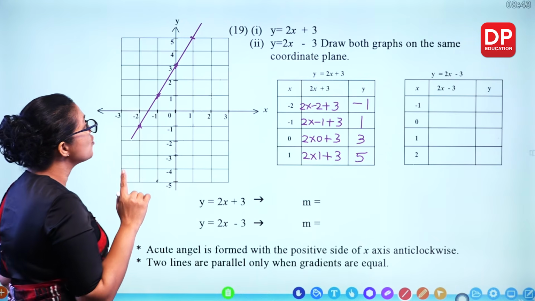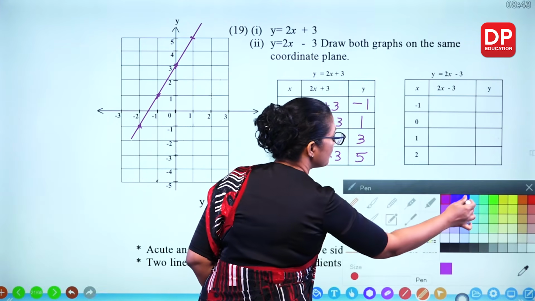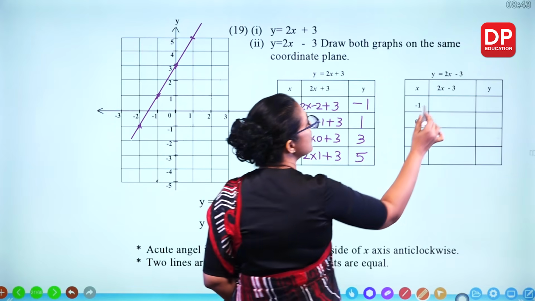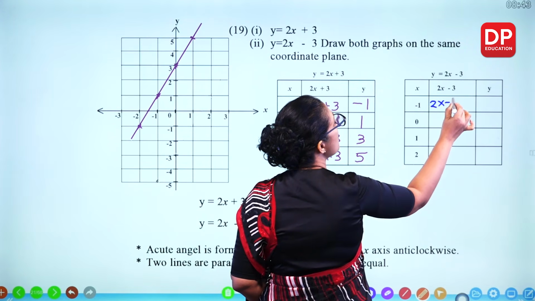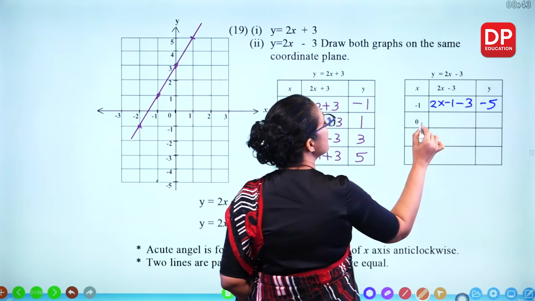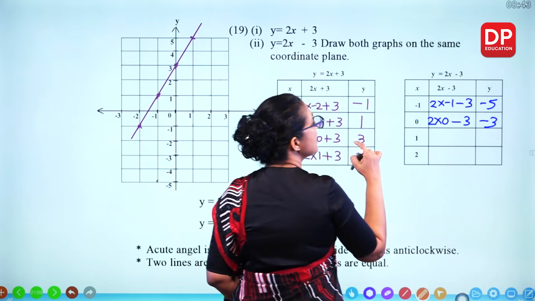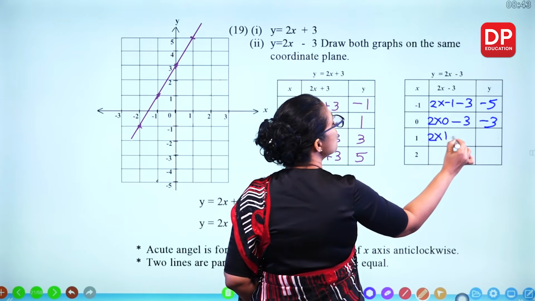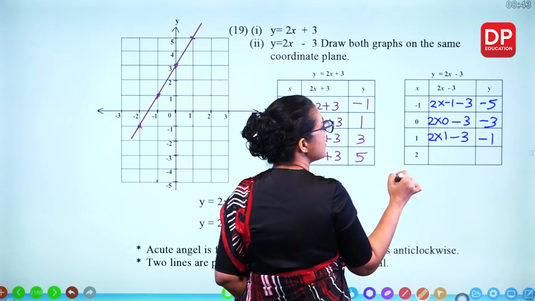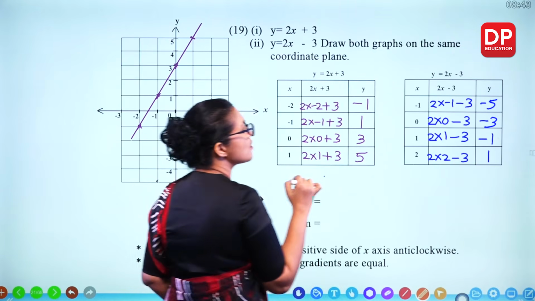Then the other graph, 2x minus 3 now. Substitute. 2 times minus 1 minus 3. Minus 2 minus 3, you get minus 5. 2 times 0, 0, 0 minus 3, you get minus 3. 2 times 1, 2, 2 minus 3, minus 1. 2 times 2, 4, 4 minus 3, plus 1.